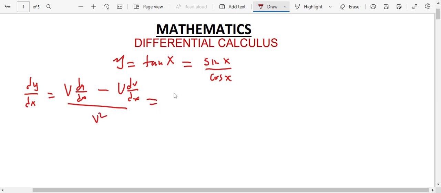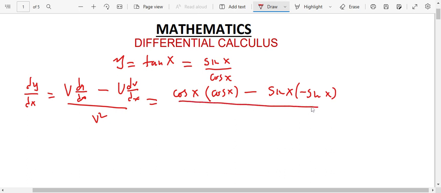And v is what is in the denominator, that is cos x. Then differentiate what's on top, that's sin. If we differentiate sin, we get cos x. Minus, write what is on top, sin x. Differentiate what is down, the cos. If you differentiate cos, we get negative sin x. And then write what is down squared, that is cos x, squared.